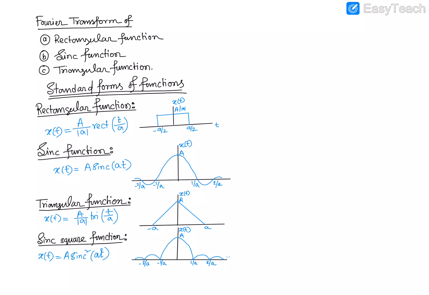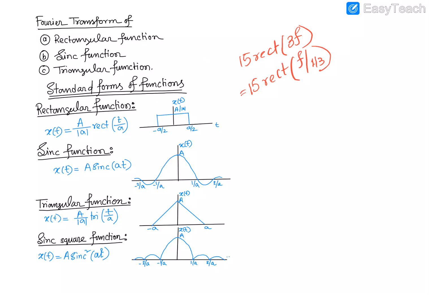Suppose a function is given as 15 rectangular 3f. So you can write it as 15 rectangular f by 1 by 3, to make the standard form. For the frequency domain, you have to compare this function by replacing t by f.